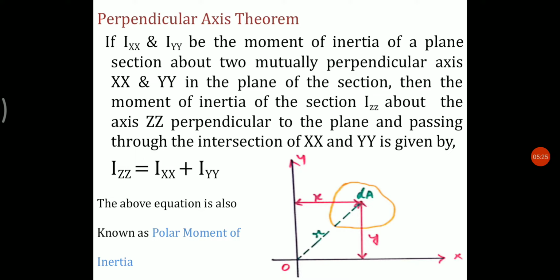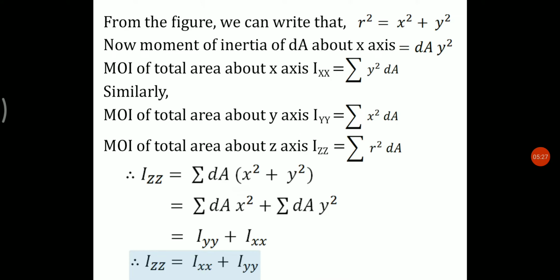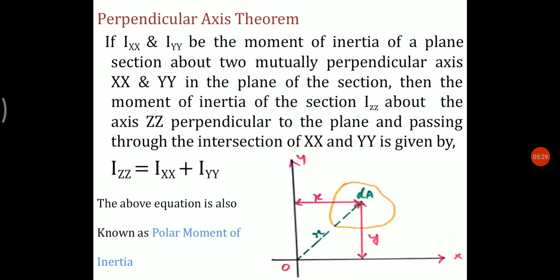Now let us consider a plane section of area A as shown in this figure. Let OX and OY be the two mutually perpendicular axes. Now consider a small area dA.